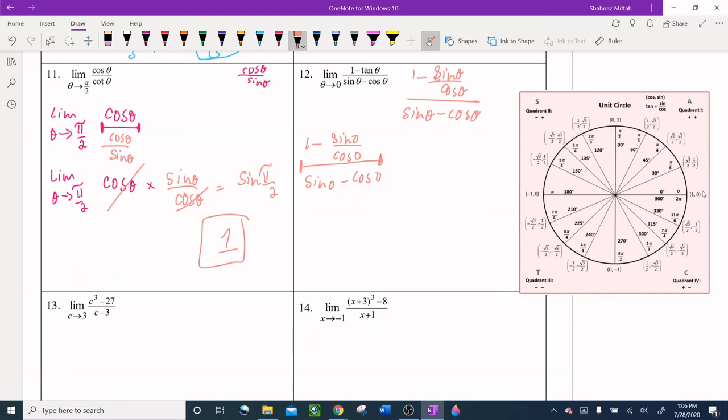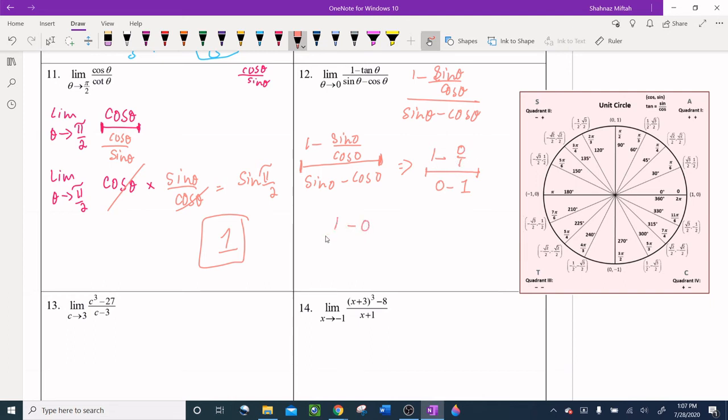So what is sine 0? Sine 0 is 0, right? So I'm going to get 1 minus that. Sine 0 was 0, and cosine 0 is 1. In the bottom, sine 0 is again 0 and cosine 0 is 1. So this 0 over 1 means 0. We know that.